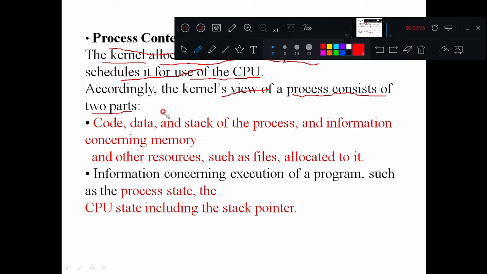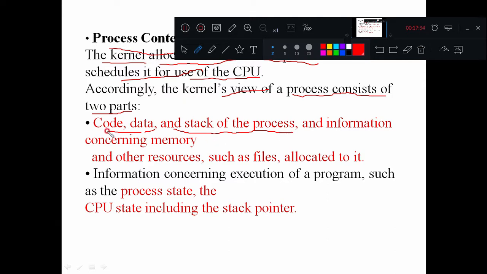So what were those two parts? The first one is the code, data, and stack of the process, right? A process is nothing but an executable form of a program, so it has a set of instructions, and those instructions are going to be executed on the central processing unit, right? In this case, the kernel is going to view that particular process in two different manners.